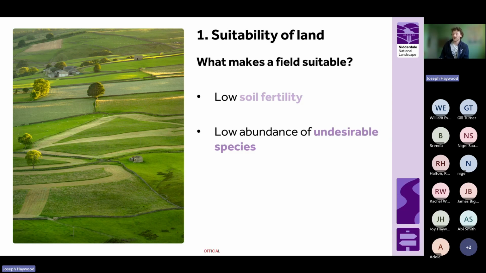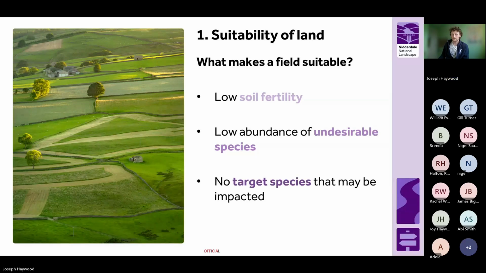Then we need to look at what I call undesirable species, and that's what the literature says, but weeds. So we're looking at thistles, docks, potentially some ragwort. So we need to ensure those undesirable species aren't running rampant.